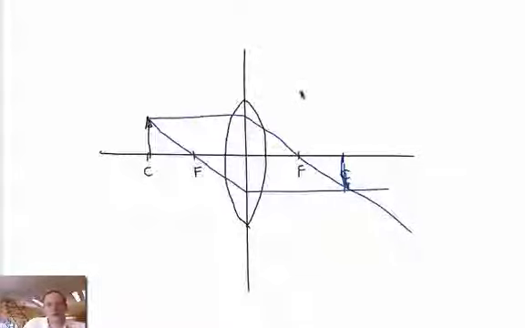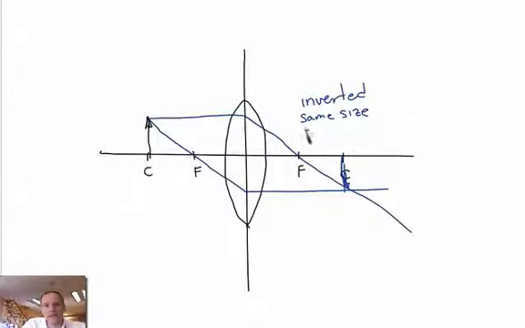We could describe that image, which we should have done for the other one too, but let's describe this one now. This one is inverted. It's the same size. And it is real. If you put a card here, it would actually form. So anytime you have an image forming on the opposite side of a lens, it is real. If it's on the same side as the object on a lens, it's virtual.